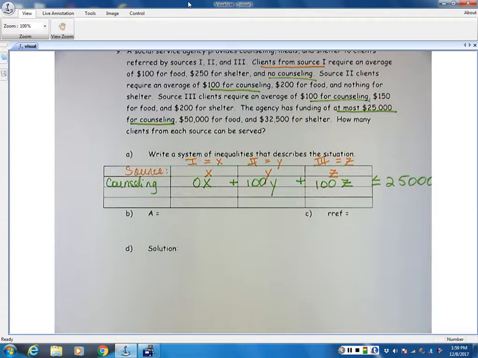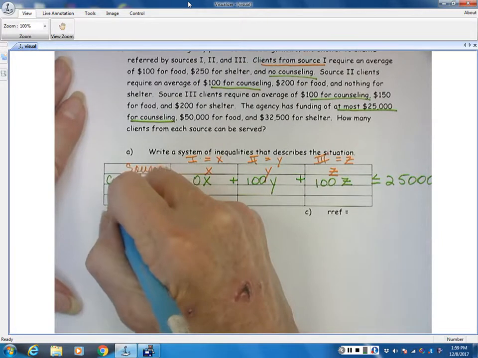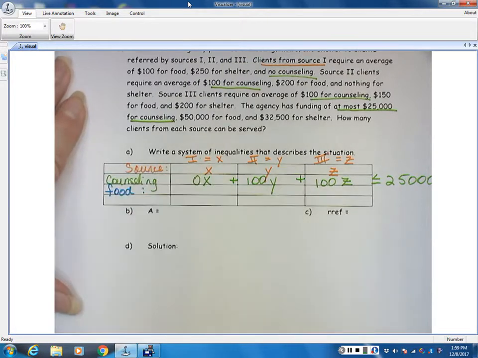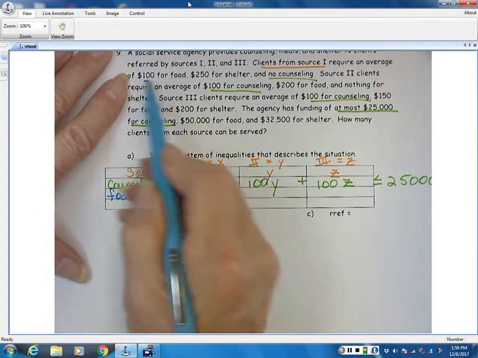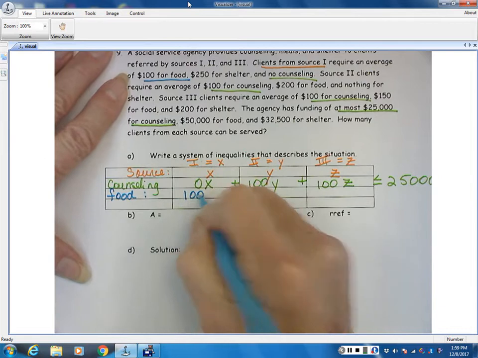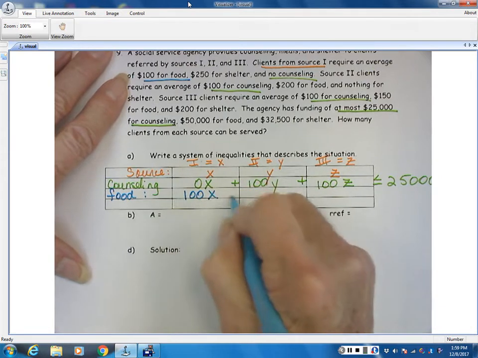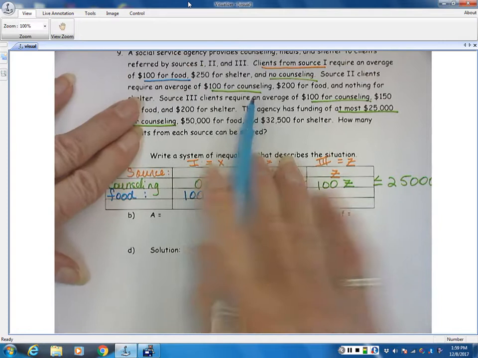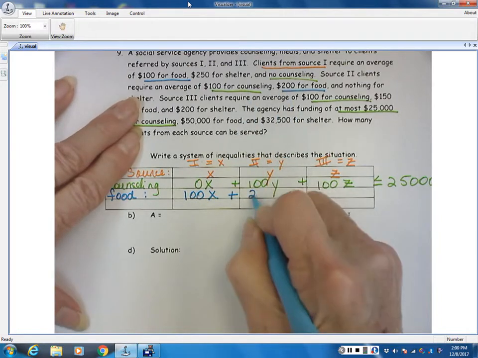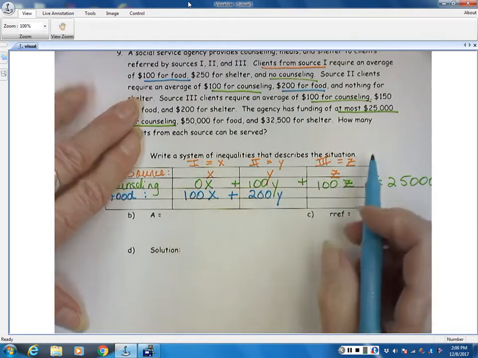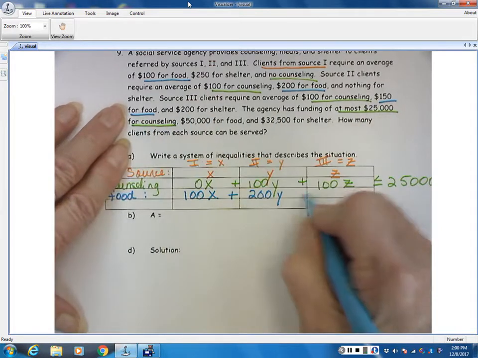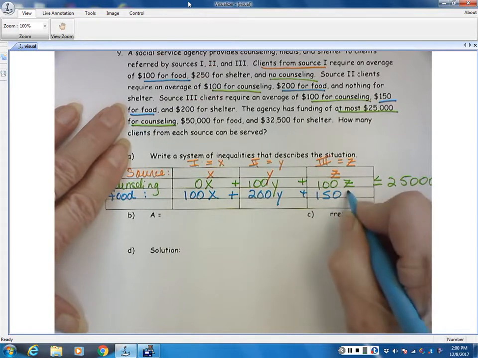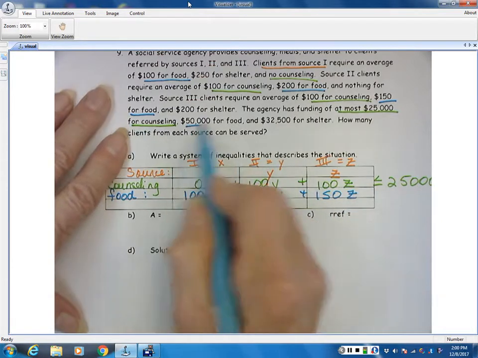Then we're going to have another equation about food. So the source 1 people need $100 for food. Source 2 need $200 for food. And source 3 need $150. And the most they have to spend on food is $50,000.